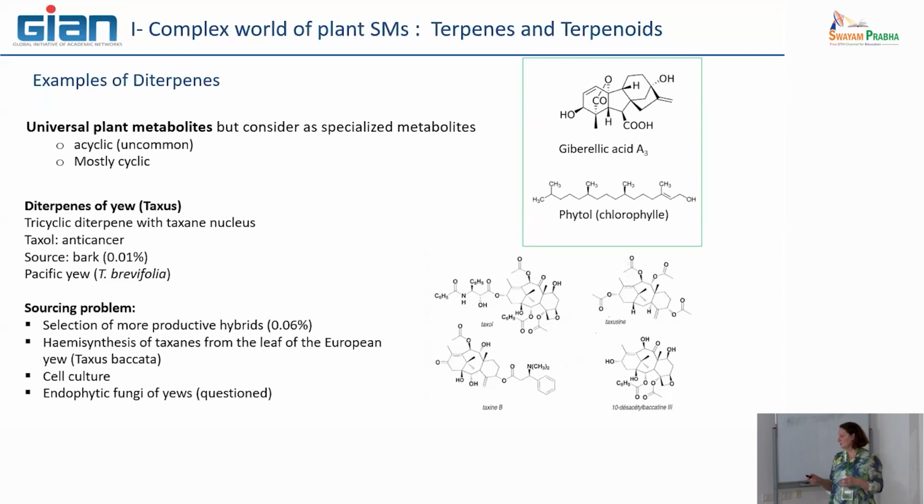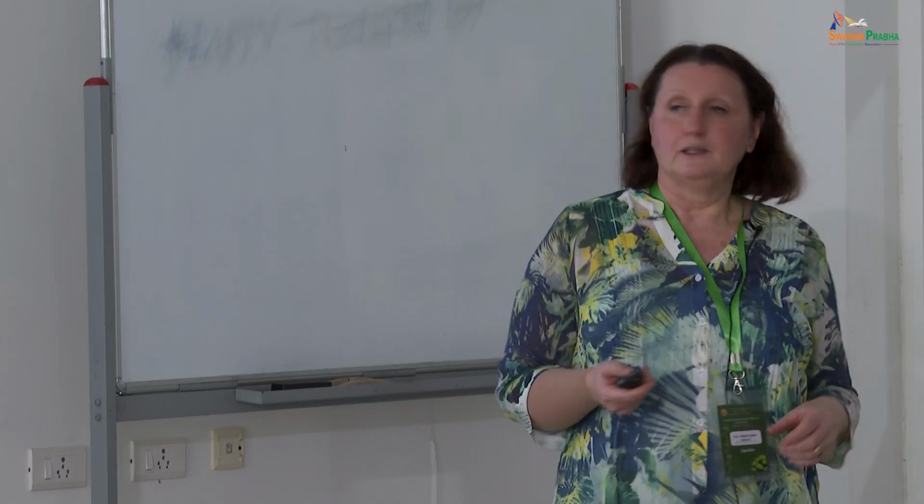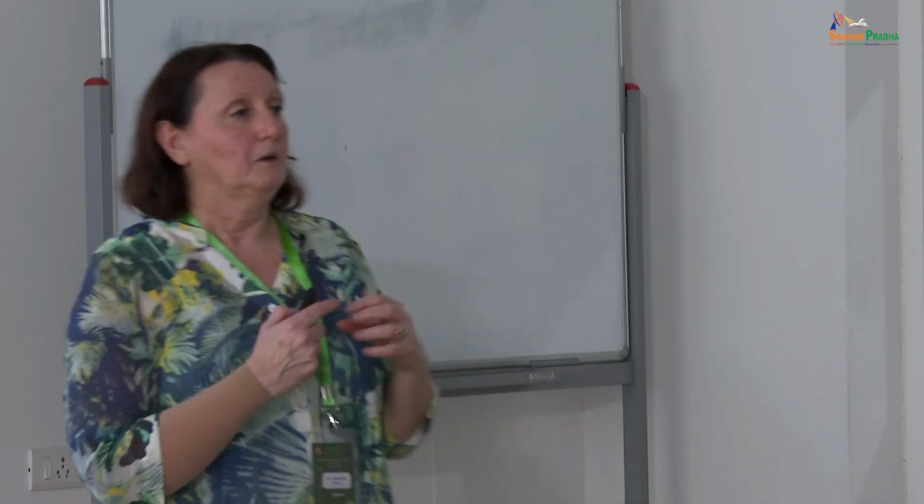One of the solutions was to try to find some productive hybrids. So people have tried to cross several specimens in order to produce some that are able to produce more molecules. But there is a lot of limitation. A second way, which is used for lots of anti-cancer molecules, is to take some intermediates in the plants that are produced in a much bigger amount than the final product, and to make some semi-synthetic molecules from these precursors to produce a final one.